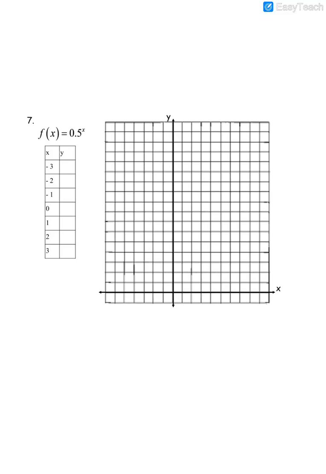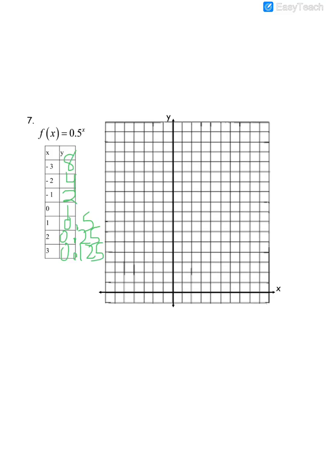And it's telling me to start at -3. So -3 is 8, 4, 2, 1. 1 is 0.5, 0.25, 0.125.